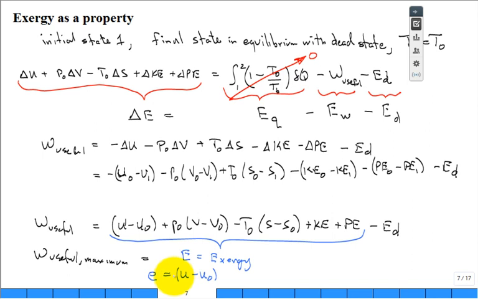Plus P naught, subscript 0 again, times v, specific volume, minus specific volume naught, minus T naught times s minus s naught, plus the kinetic energy, which is 1/2 V squared. That's velocity squared, not a specific volume squared, plus gz. That's the bottom line. That's where we're going.